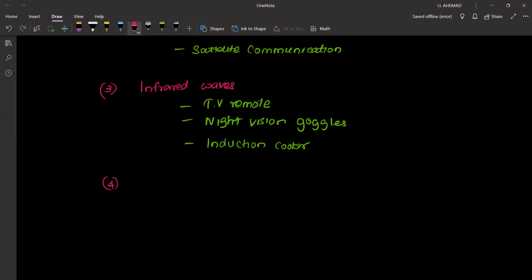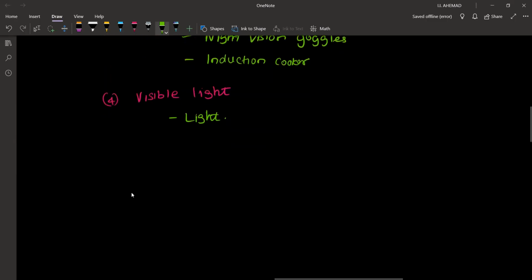The fourth zone is the visible light. The example is light. The fifth zone, under fifth zone, it's the ultraviolet region. Ultraviolet region, or the ultraviolet waves.